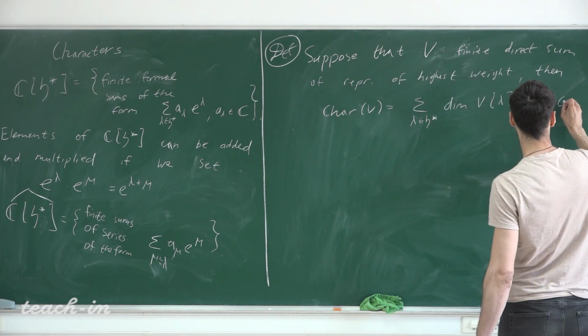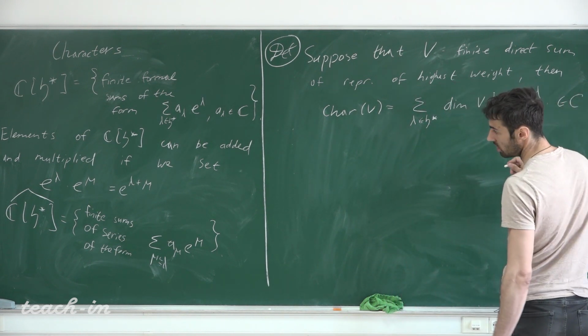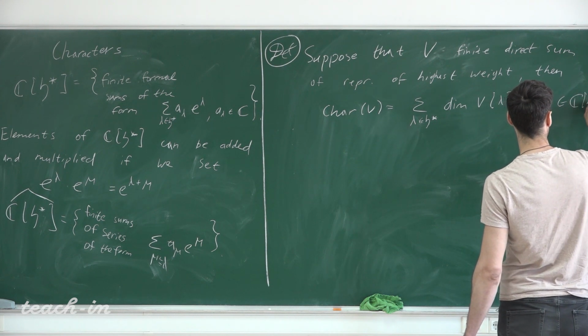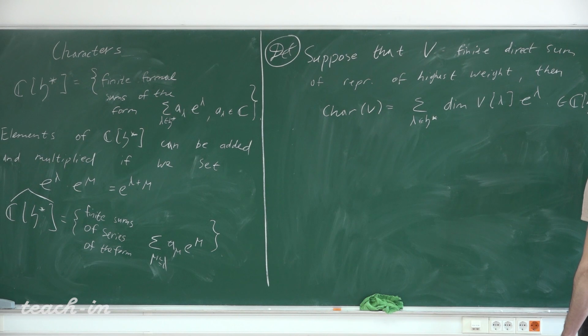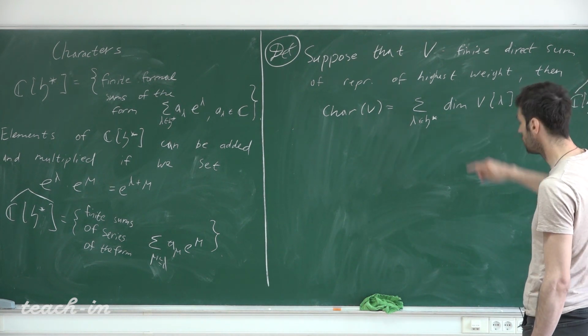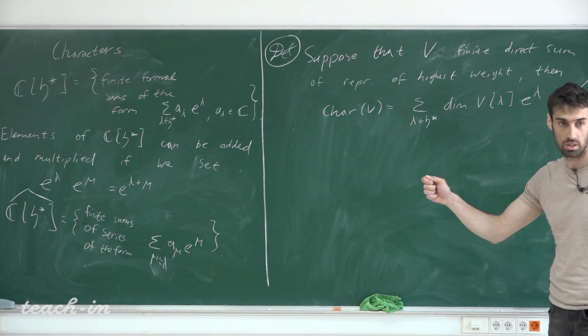So this is an element in the completed group algebra C of H star hat. So this is what it means to have a character. We have symbols like that, and coefficients are dimensions of corresponding weight subspaces.